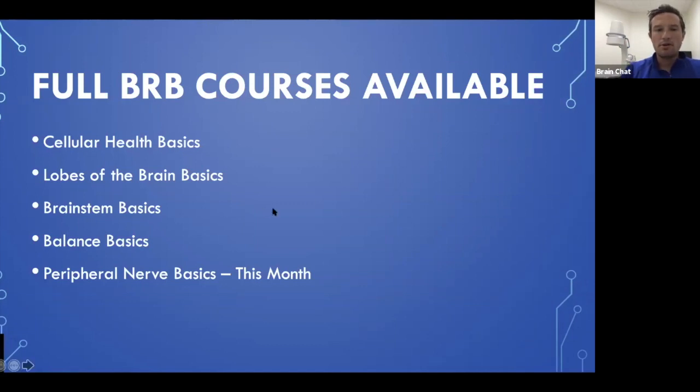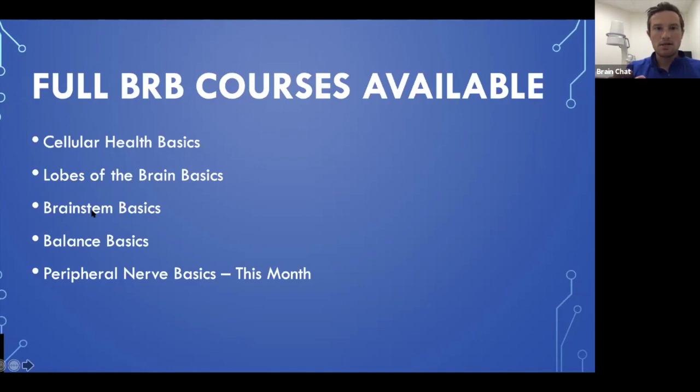And with the Brain Rehab Basics course, the goal with the whole course was to create a very foundational learning for understanding some of the principles of functional neurology and this type of rehab to do in the clinic. So it started out with 4 full hours of cellular health basics. Then I went into lobes of the brain, which I've done a short intro on that a couple weeks ago.